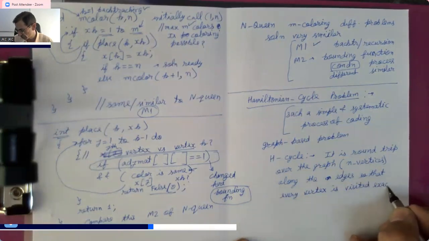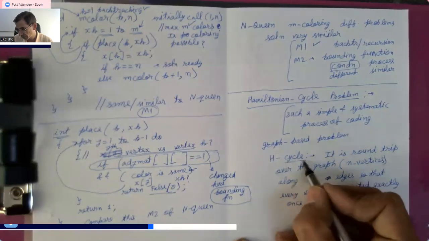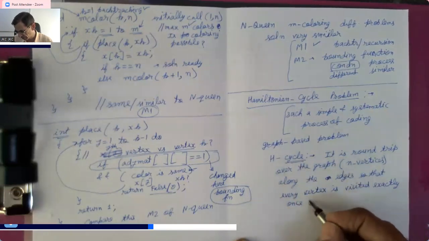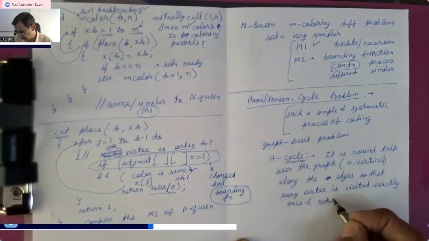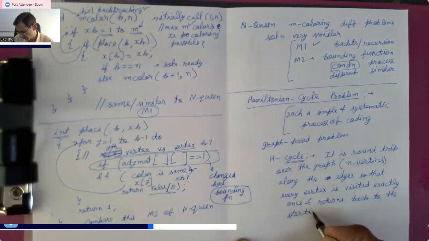And because I am using the word cycle, it means I return to the starting vertex. So this is what is called a Hamiltonian cycle.